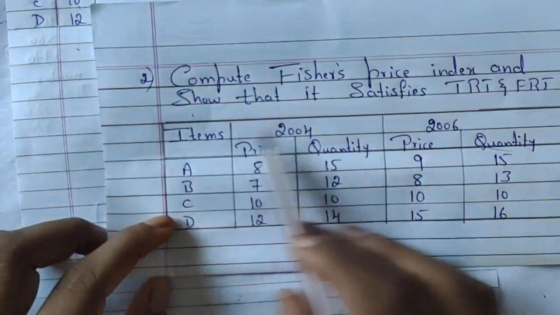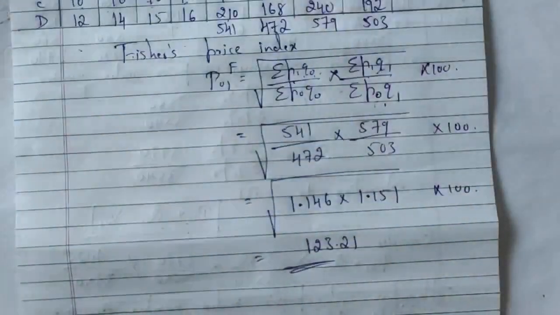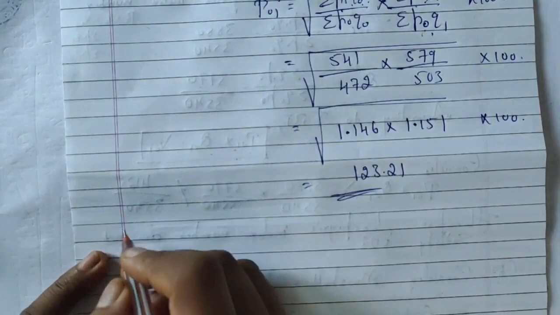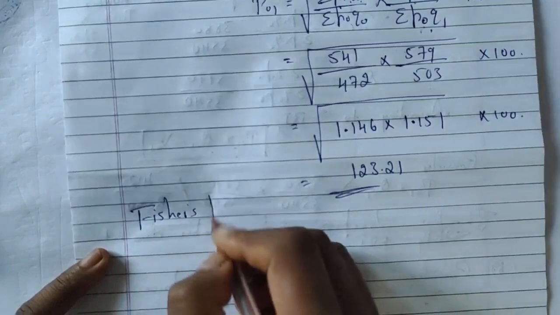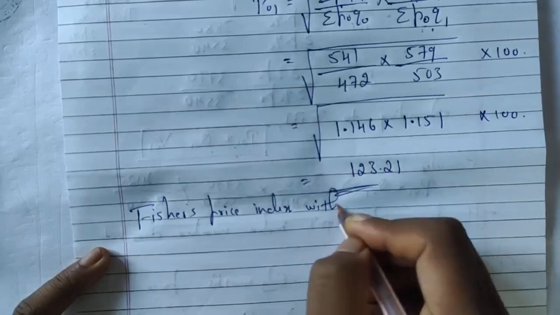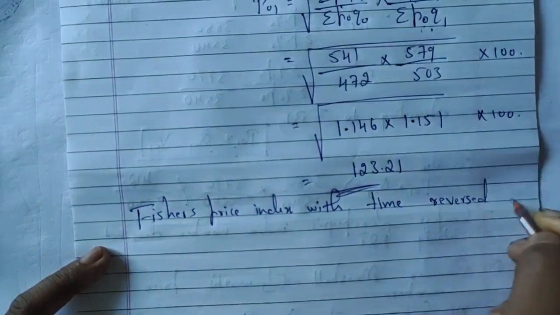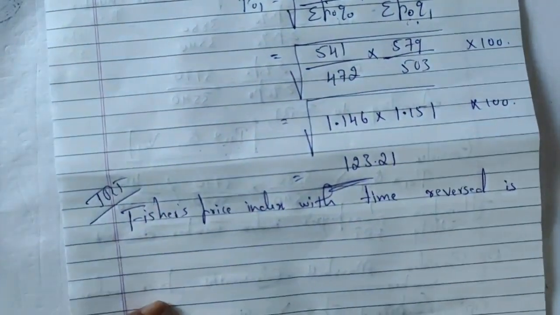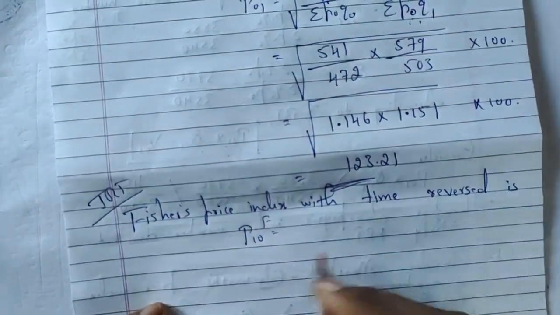Now the next question is, show that it satisfies TRT and FRT. So next write Fisher's price index with time reversal, so this is TRT, that is P10 Fisher equal to, what is the formula?